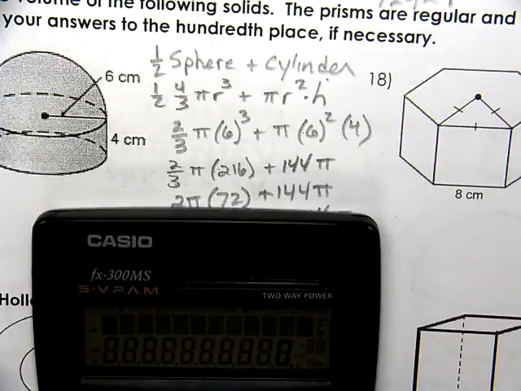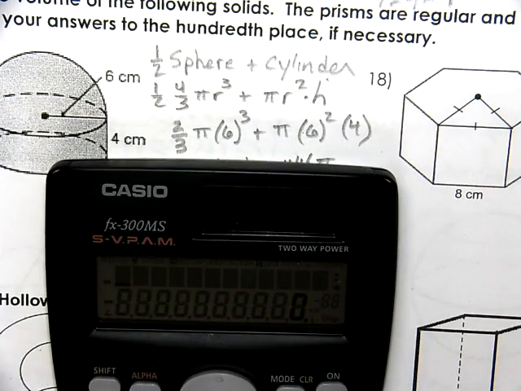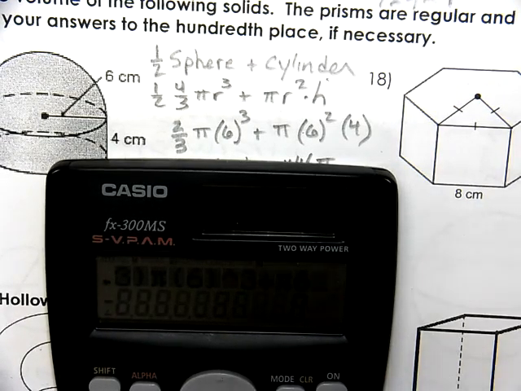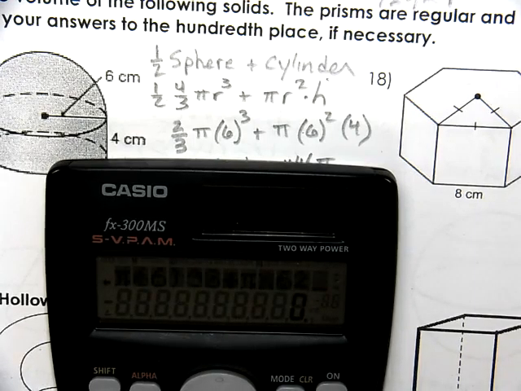If you wanted to type the whole thing in there originally, if you're just looking for a decimal version, we could say half of 4 divided by 3 pi times 6 cubed plus pi times 6 squared times 4. Comes up to be 904.78.